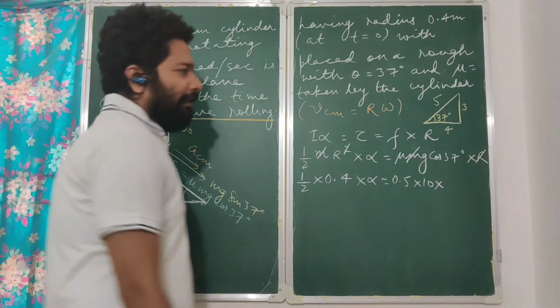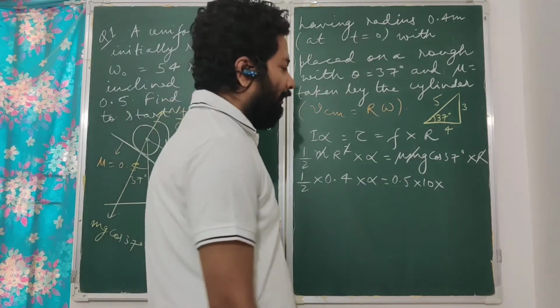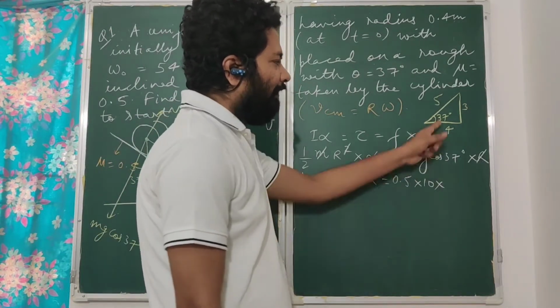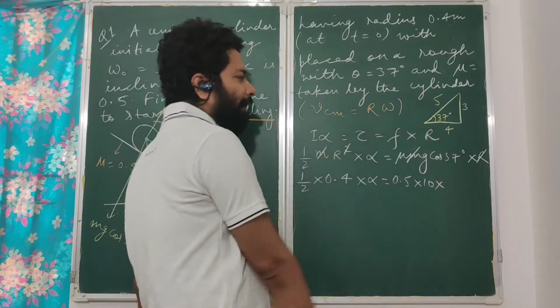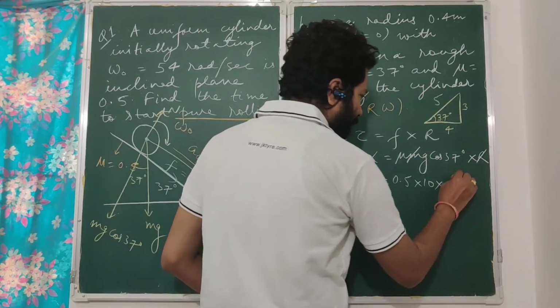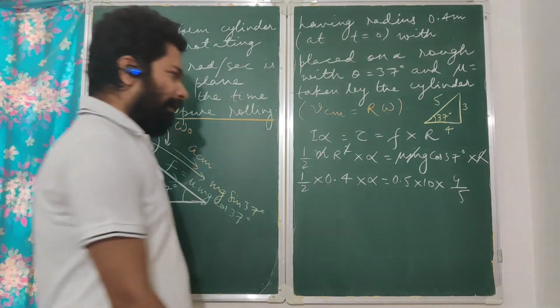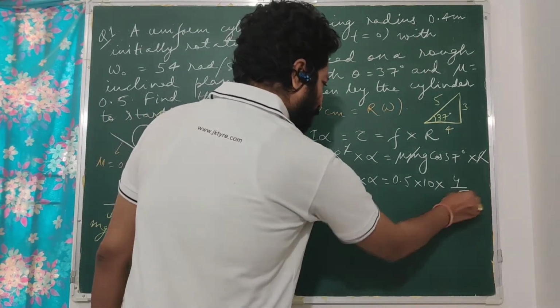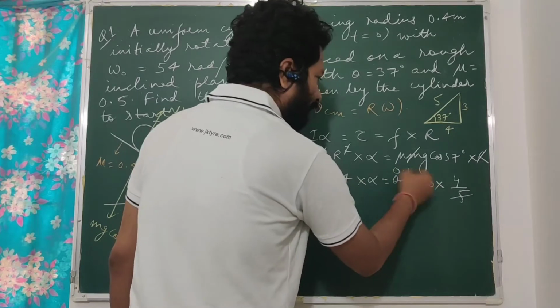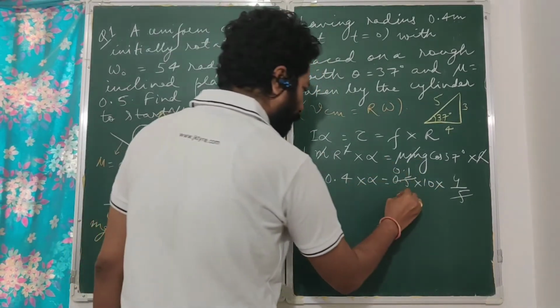Now you can easily write the corresponding cosine and sine of 37 degrees. So cos of 37 degrees will be equal to 4 by 5. We'll write 4 by 5 here. Now 5 into 0.1 into 10 is 1, so this will be 4.